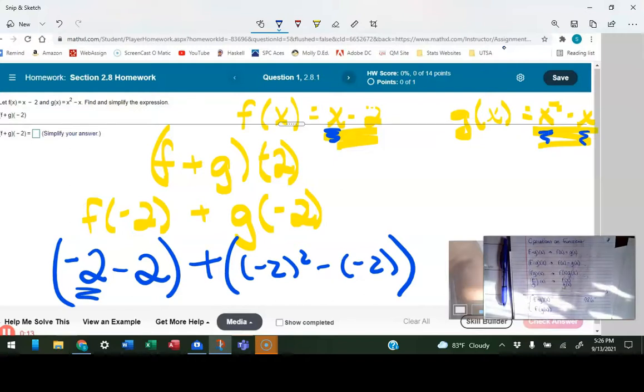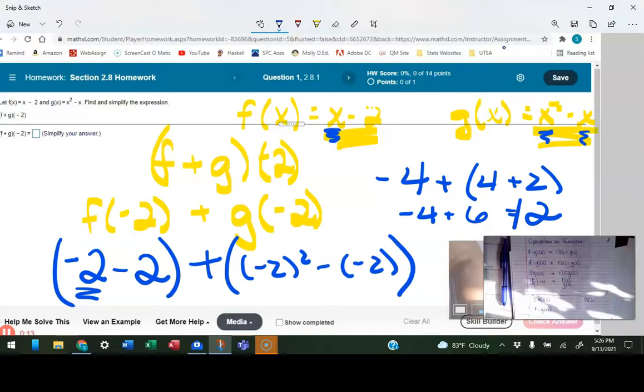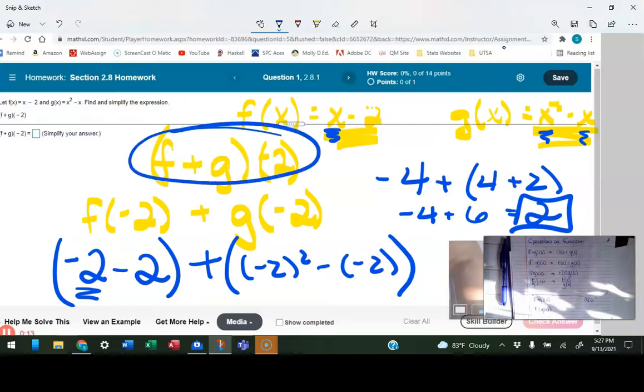So when I clean this up, negative 2 minus 2 is a negative 4 plus, and then that becomes a 4 plus 2. So negative 4 plus 6 is going to be 2. So your answer is 2. So remember, do not multiply that by negative 2. All this is a shortcut to saying take f of negative 2 and add it to g of negative 2.